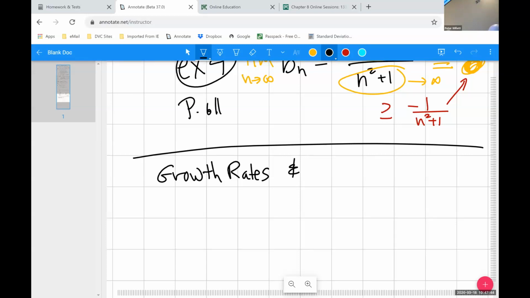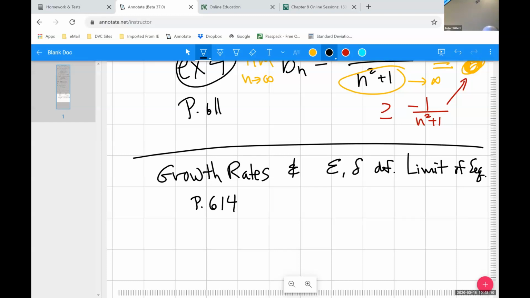Okay, here we go. And the epsilon delta definition of a limit of a sequence. So growth rates is on page 614.